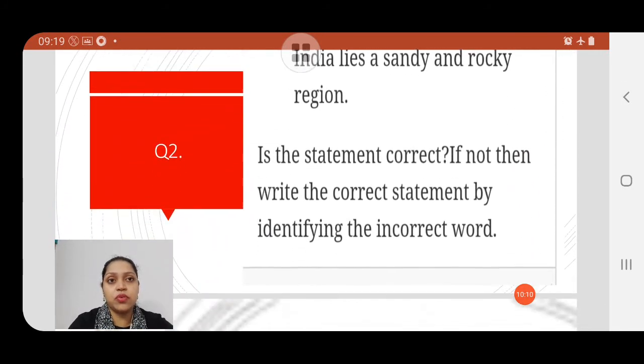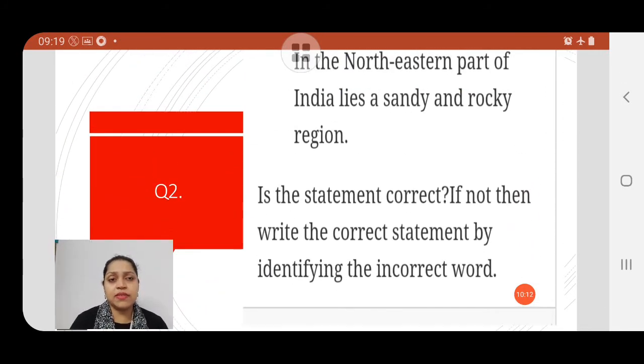Then question number 2. In the northeastern part of India lies a sandy and rocky region. Is the statement correct? If not, then write the correct statement by identifying the incorrect word. So you'll do this on your own. I won't tell you the answer. Think, is this correct?